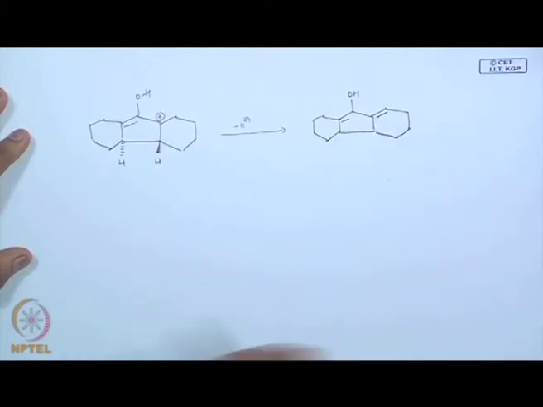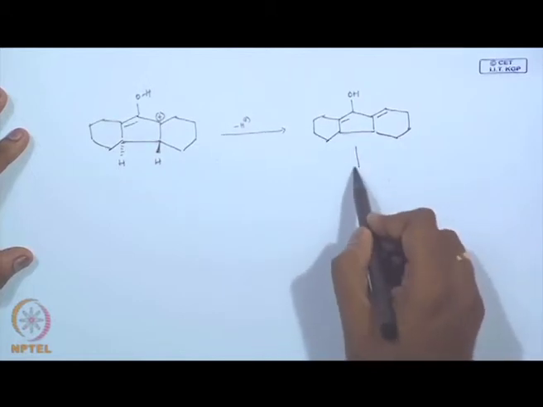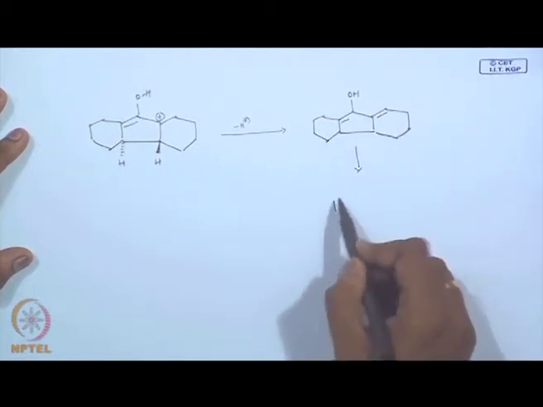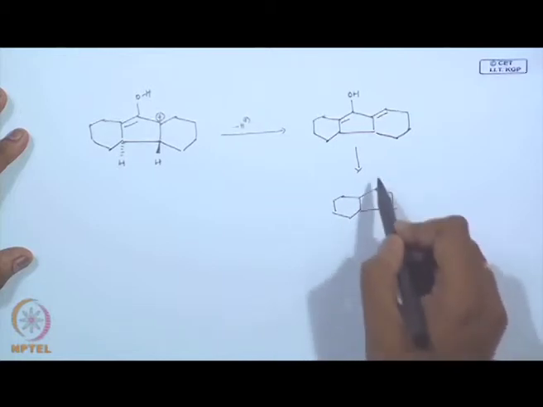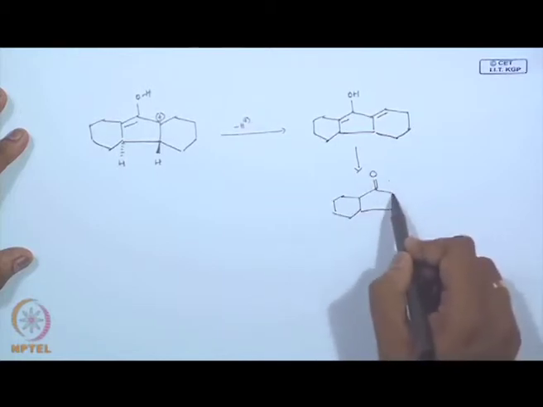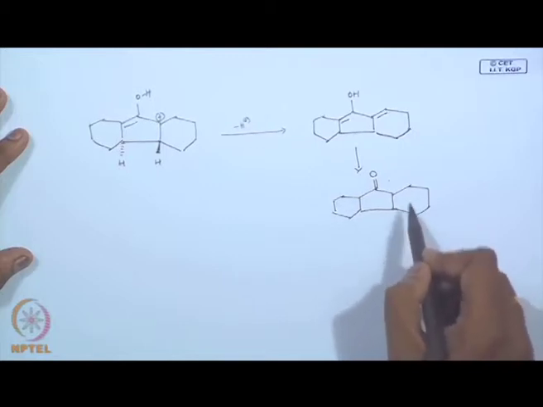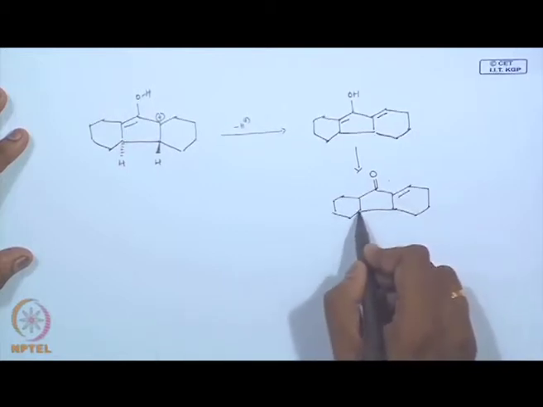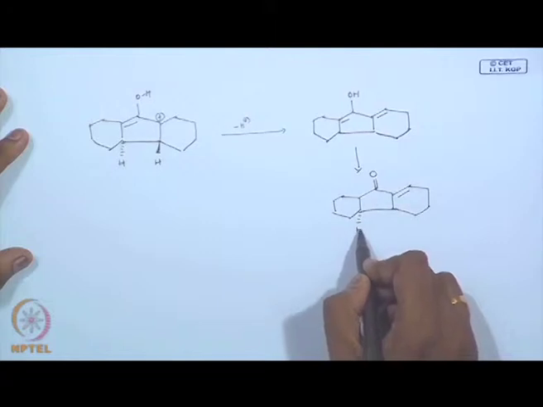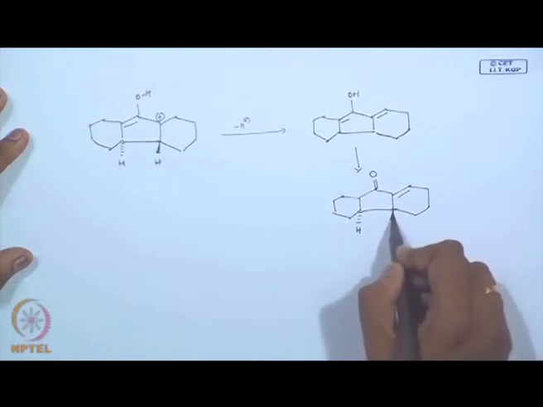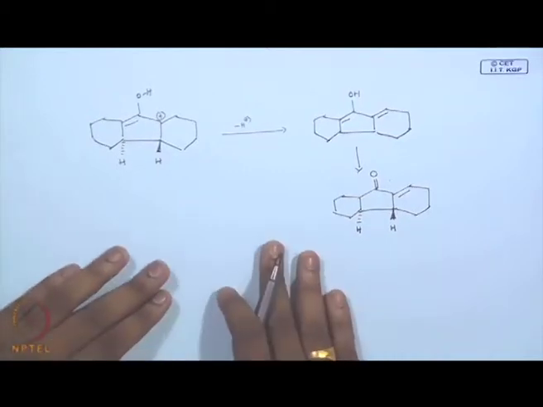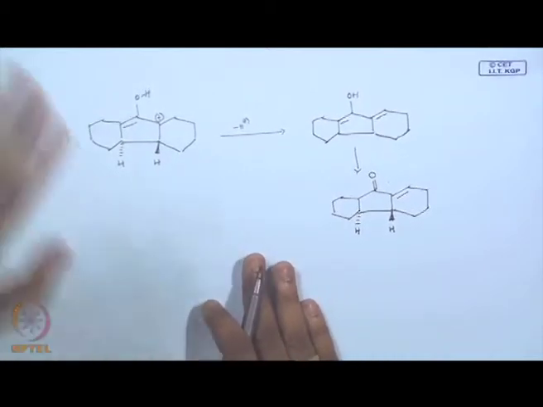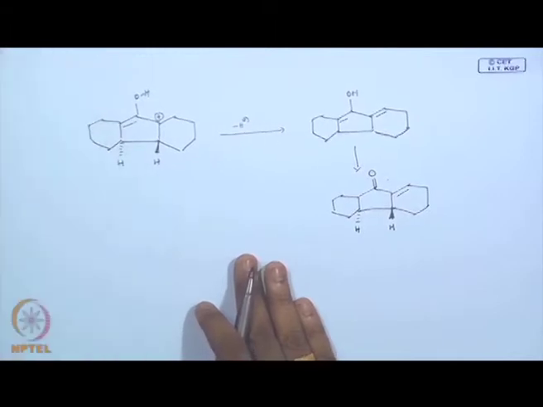Okay, you get this, and then it undergoes keto-enol enolization to get your final product. Don't forget your hydrogens, these are the ones which are going to tell the stereochemistry. So, this is the Nazarov cyclization which you do in thermal conditions. That is the product we got.